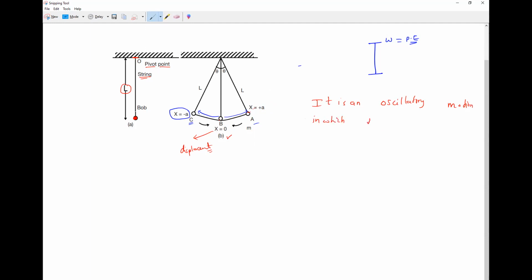the restoring force. What do you mean by restoring? The force which is trying to come back to its same position, the mean position. Understand?